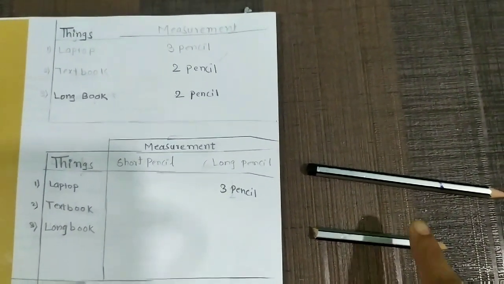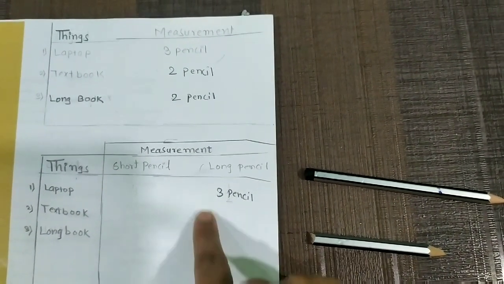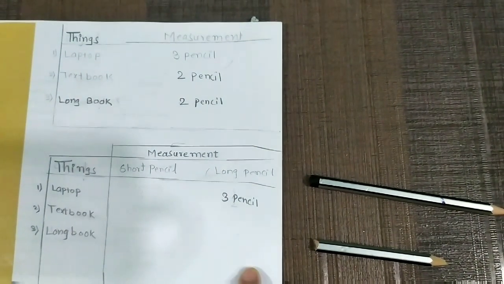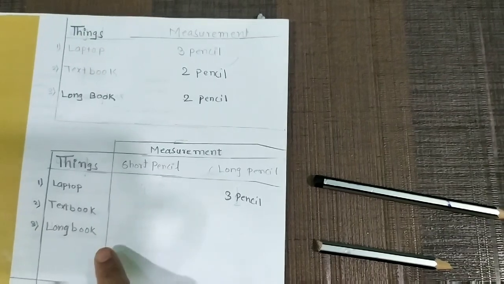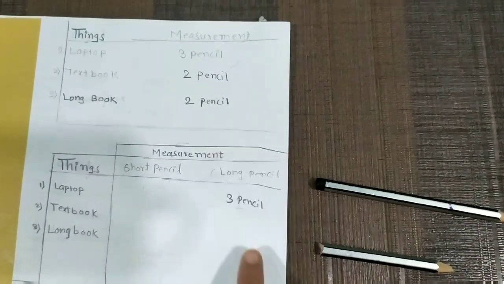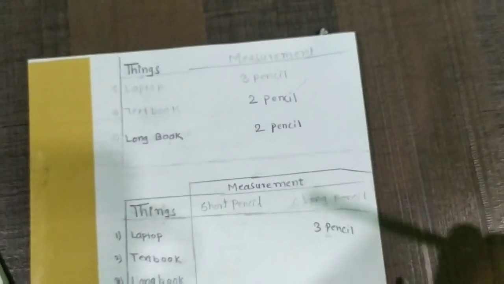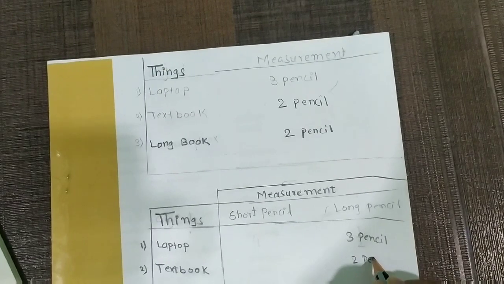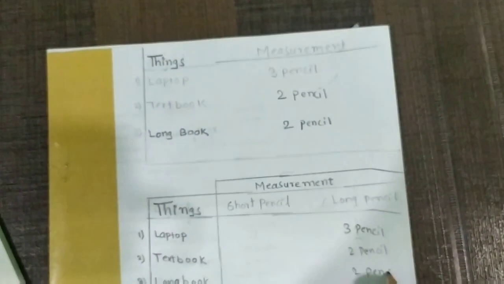Just now we have done the measurement with the help of this long pencil, so no need to do it once again. We can copy the same answers here. Laptop, 2 pencils long; textbook, 2 pencils long; and long book also 2 pencils long. You have to write it down here.